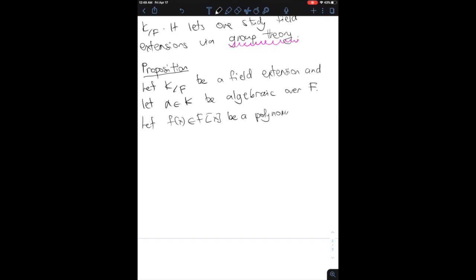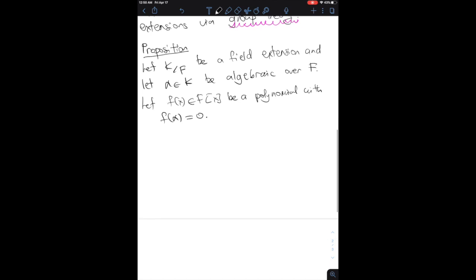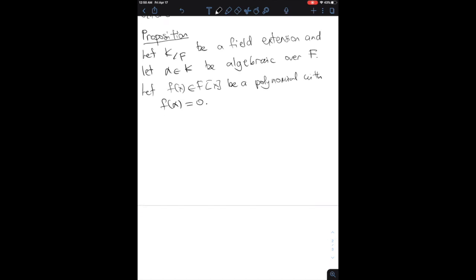So let f(x) be some polynomial with coefficients in F such that alpha is a root, with f(alpha) equals 0.